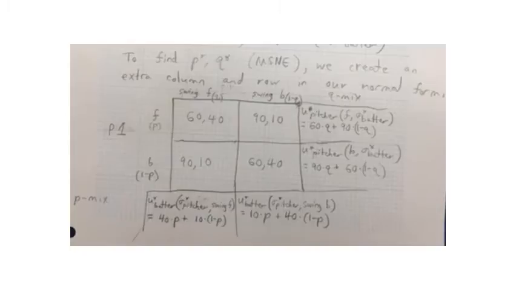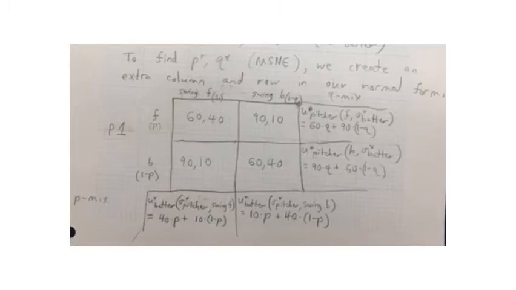Okay, so if the batter chooses to swing fastball and the pitcher is pitching fastball with probability P, breaking ball with probability 1 minus P, then the payoff to the batter is going to be 40P plus 10 times 1 minus P. Okay, so we're moving down that first column.